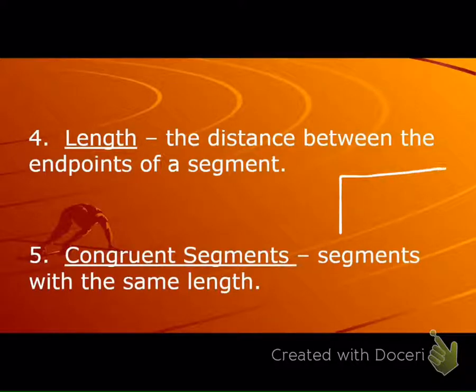So let's say we have a rectangle here. These two are congruent. These two are congruent. That's how we mark congruent segments. This segment is congruent to this segment. This segment is congruent to this segment.